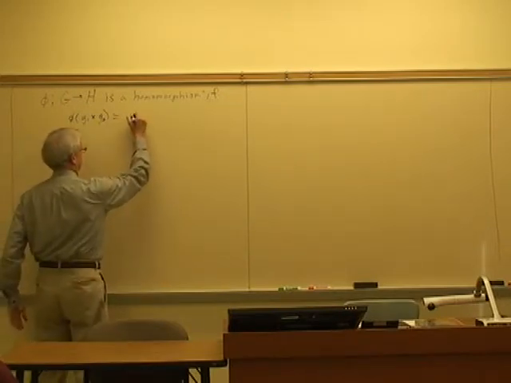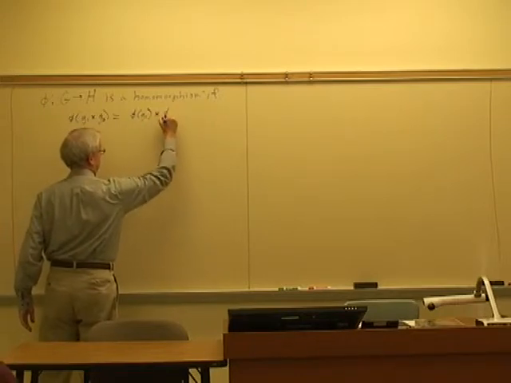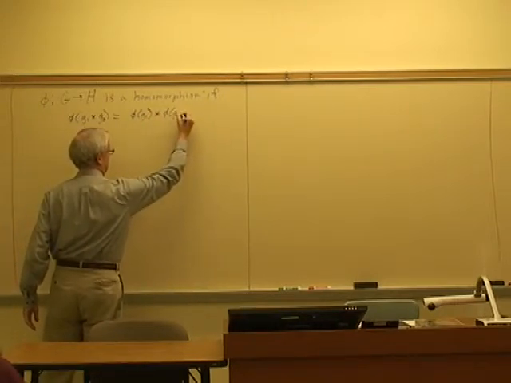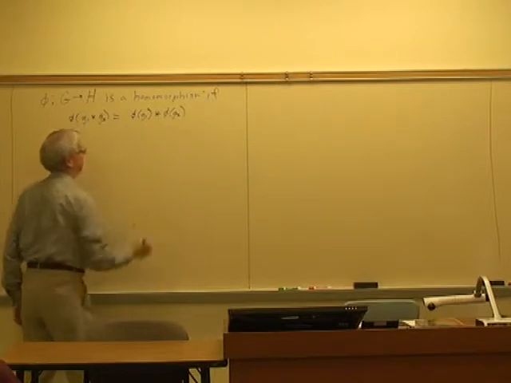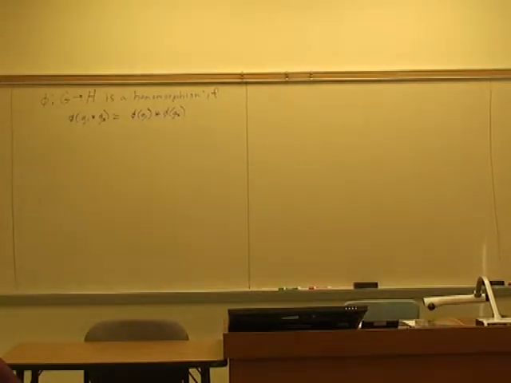I get the product in H of the two results, right? So those are two completely different groups, and they could even have completely different operations, as we saw by one example anyway. So that's the definition.